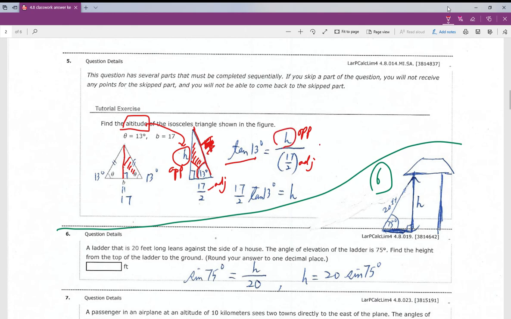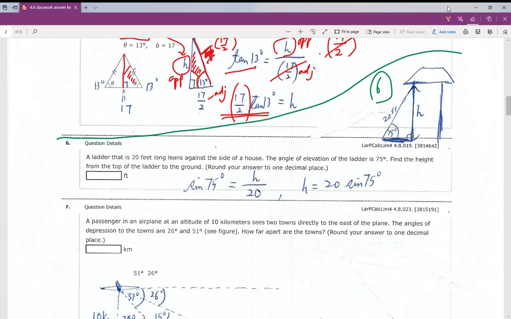You simply multiply 17 over 2, then you can reduce the denominator. So solve for h. Use calculator to evaluate. I forgot to print this. So this is number 5. Number 6.